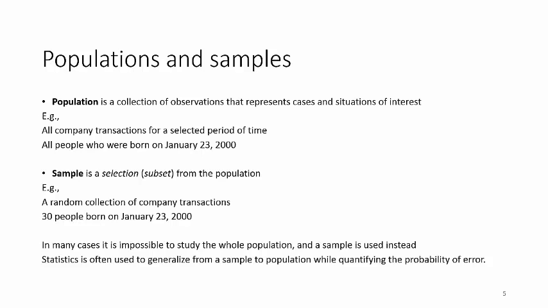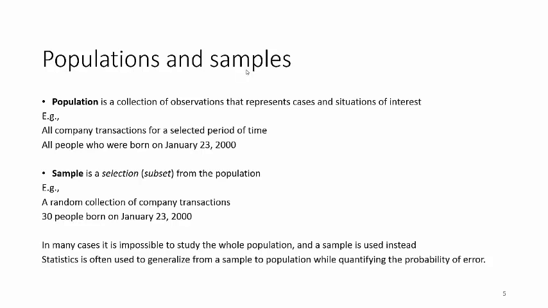So in statistics, when we talk about observations, we must understand these two concepts, populations and samples. Population is a collection of observations that represents cases and situations of our interest. For example, all company transactions for a selected period of time could be a population.